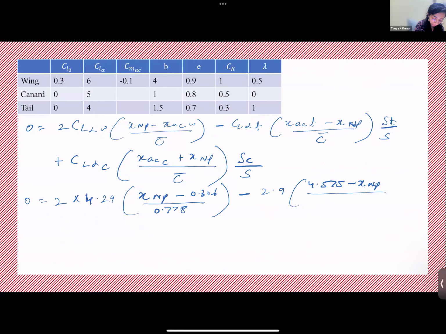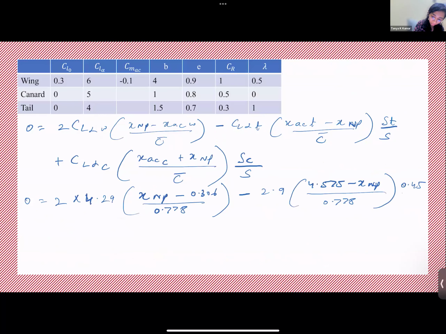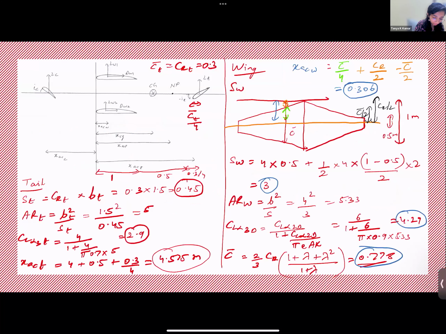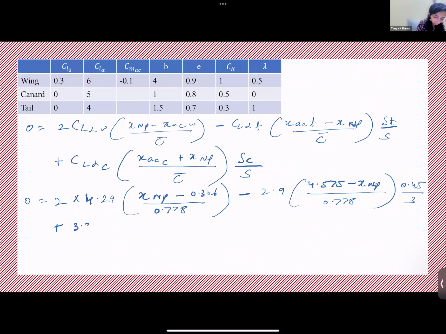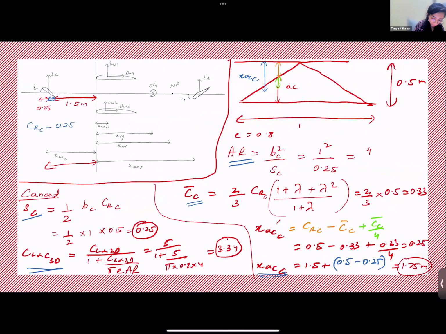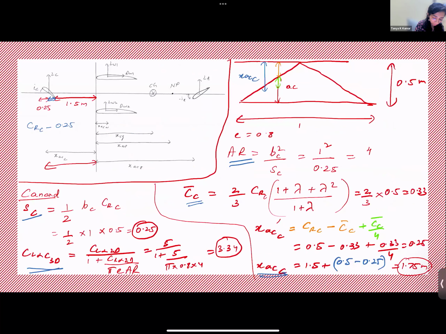XNP by C bar is, okay, C bar is the same as tail, 0.45 by 3. Canard 3.34. Canard is 0.25.